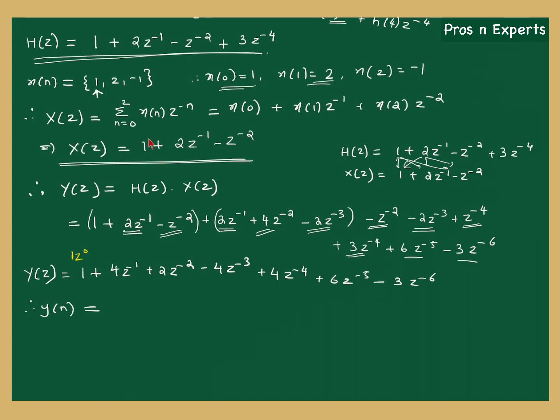So the coefficient was the first sample, the coefficient of the second term the second sample, and minus 1 the third sample. Similarly here, this 1 will be the first sample. So 1 comma, then 4, 2, minus 4, 4, 6, minus 3. Okay, so this is the output signal y of n.